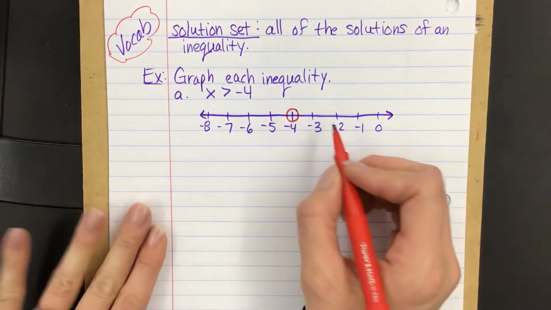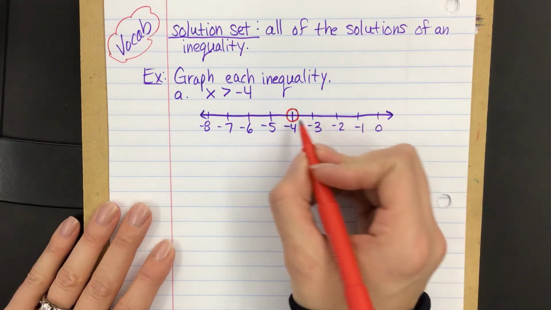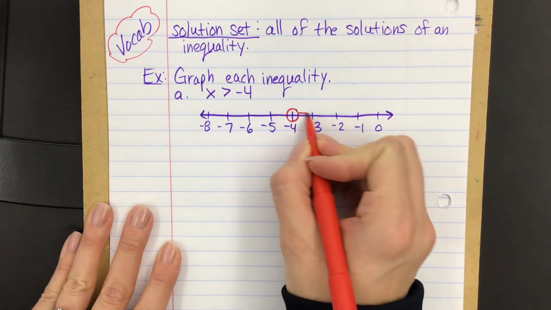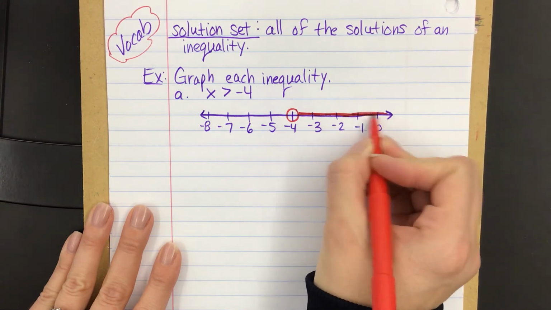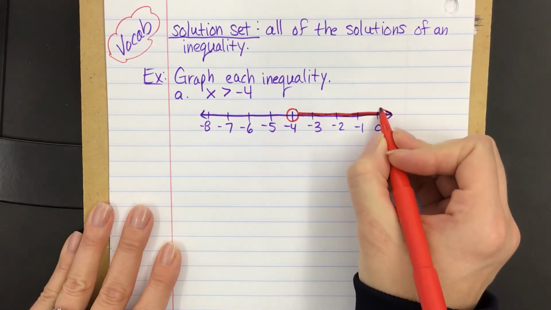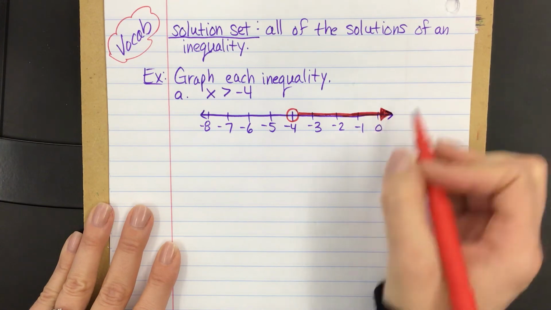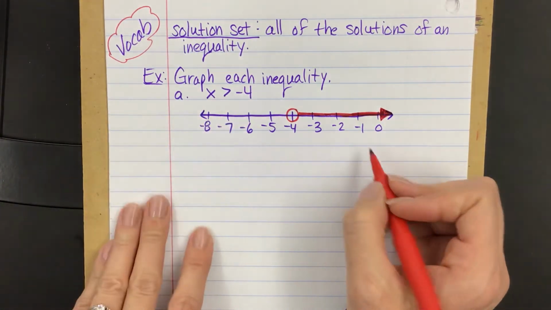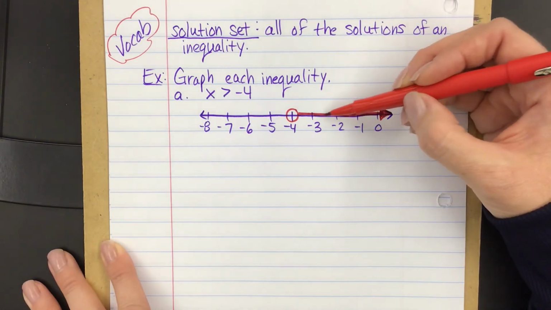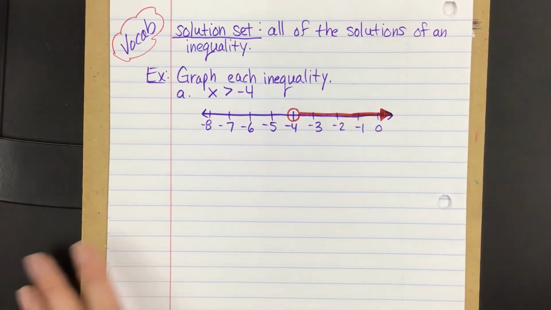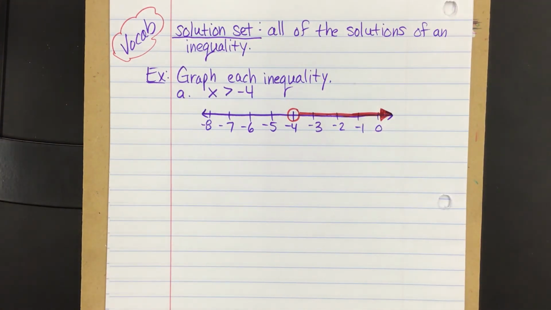And then we shade everything that is a solution. So everything to the right here is going to be a solution. 0 is greater than -4, -1 is greater than -4, and everything in between those whole numbers or integers are also solutions. So we just shade it all. That's what that graph looks like.